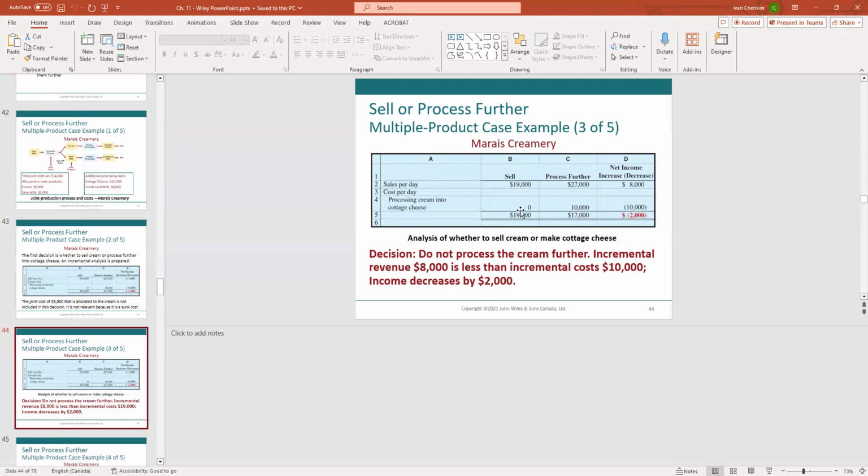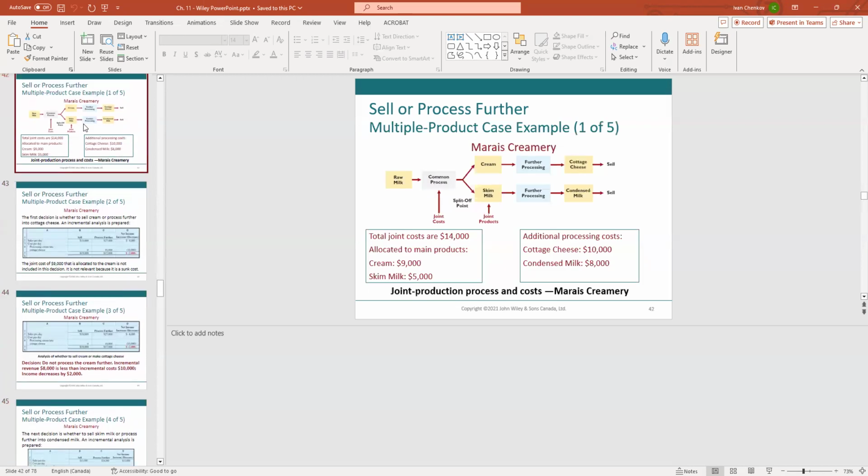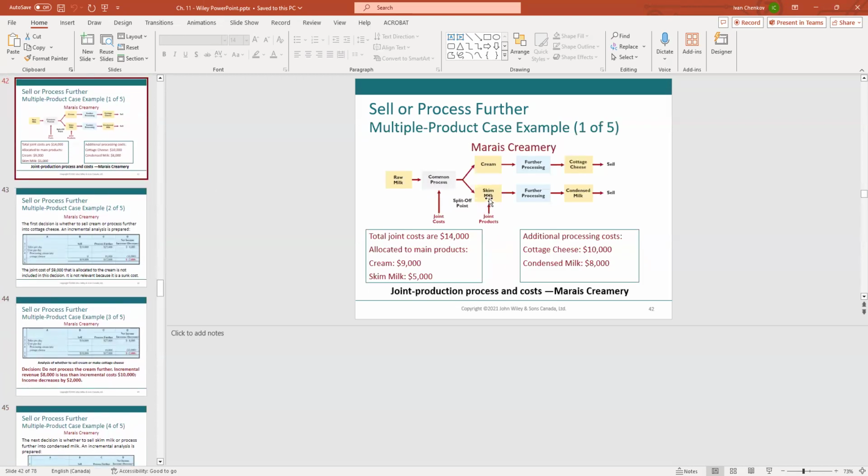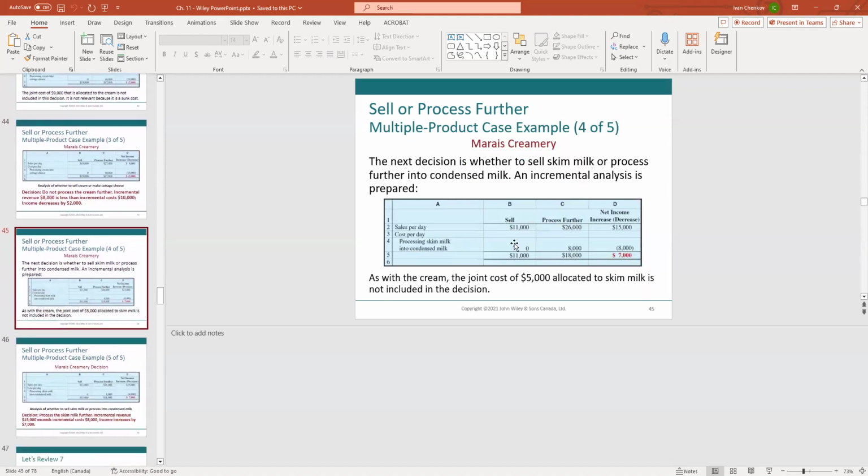Next one. That will be the condensed milk. No, that's still for the cottage cheese. Let's see the condensed milk. I can sell it as it is as skim milk and generate 11,000.